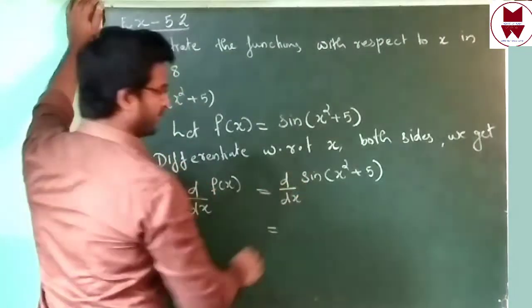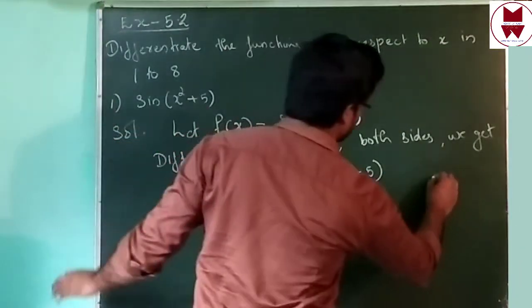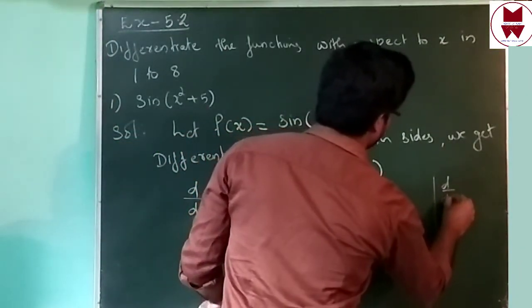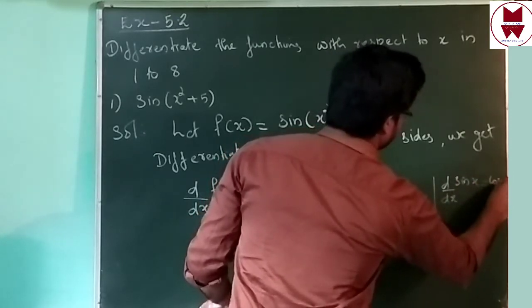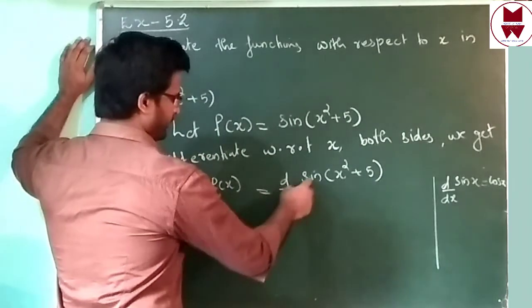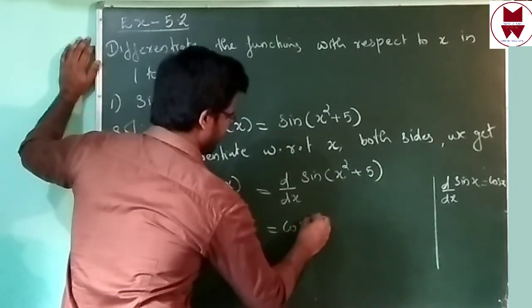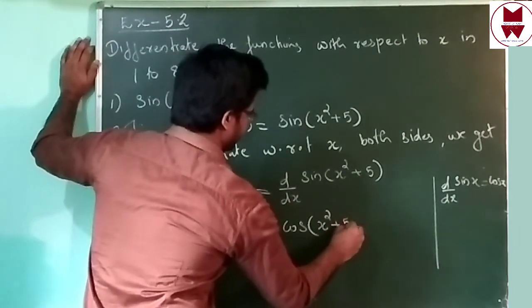Then d by dx of sine. Look, d by dx of sine x is cos x, isn't it? That means d by dx of sine becomes cos. What is x? X means the inside of the bracket all the time.